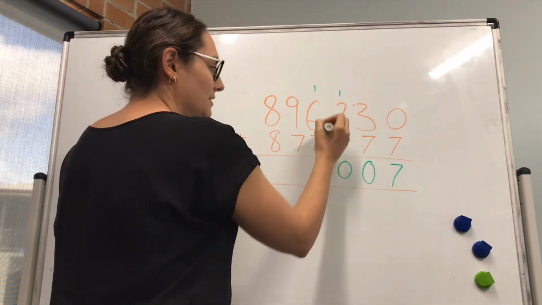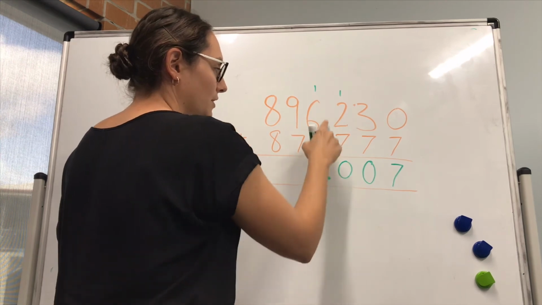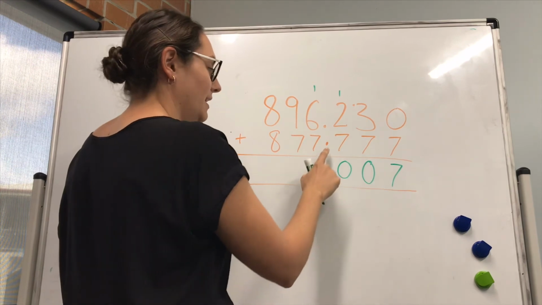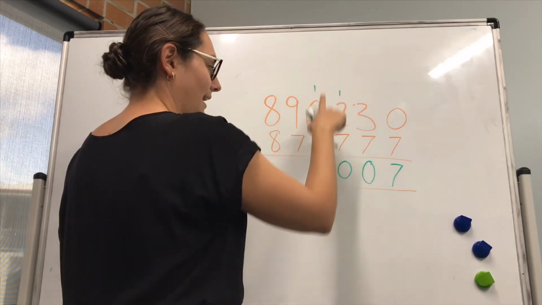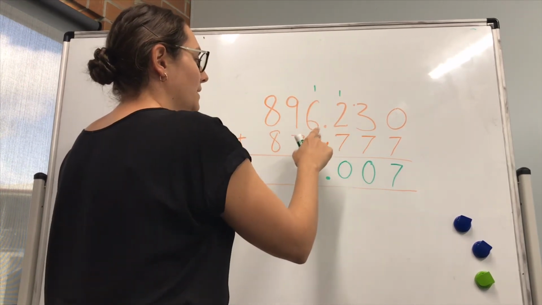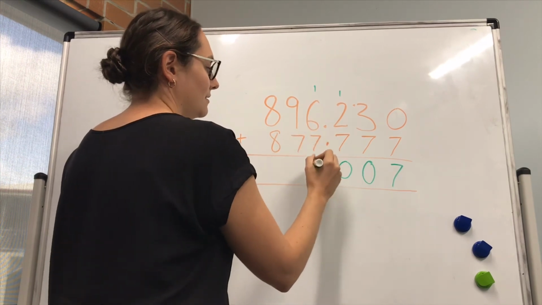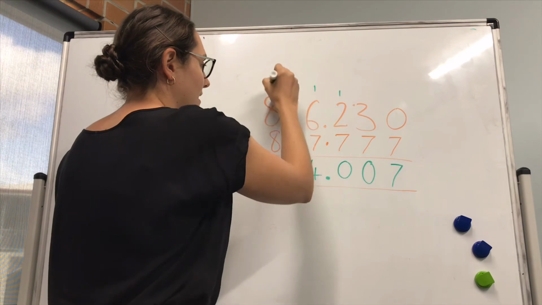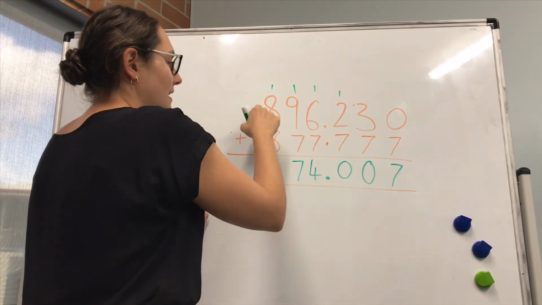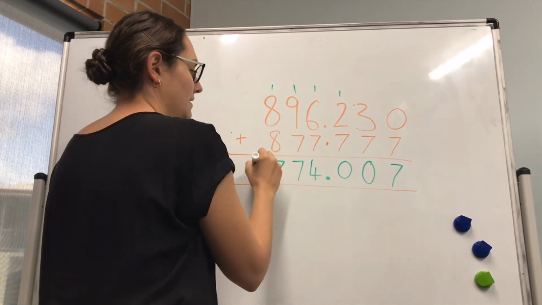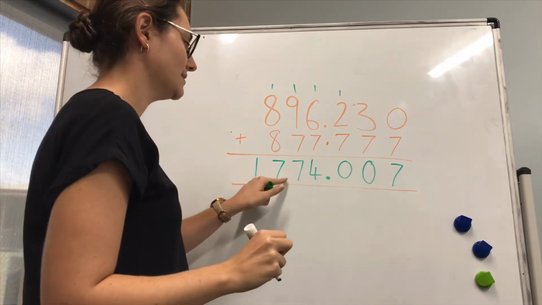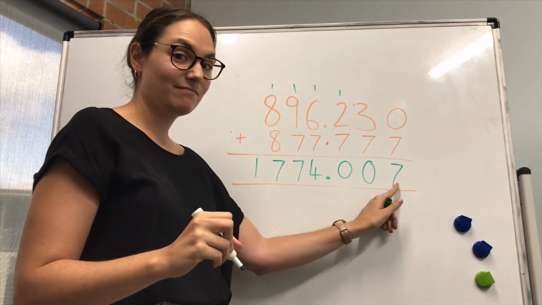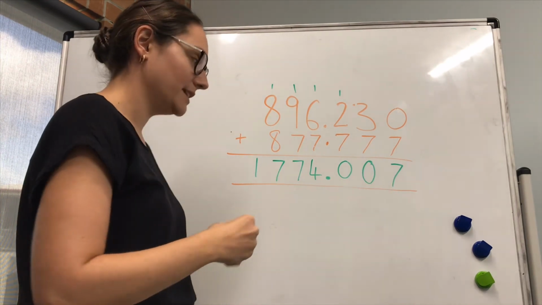Forgot one major thing, which is to put the decimal first so that you don't forget it, or if you do it like me and you see it on the way, that's very handy, but making sure that it's in that line. 1 plus 6 is 7, so double 7, 14. 10 plus 7 is 17, and then 16 plus 1, 17. So our answer is 1,774 decimal 7 thousandths. That's how we can say that, or we could say 0.007.